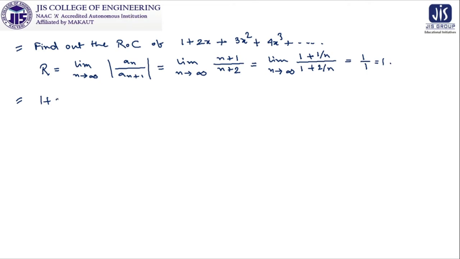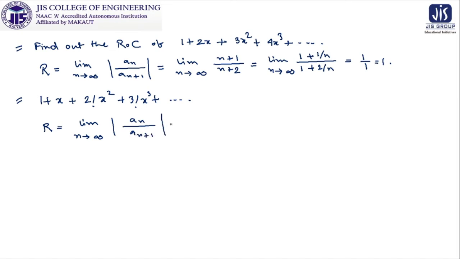Suppose 1 plus x plus 2 factorial x square plus 3 factorial x cube plus dot dot dot. In a similar manner, when we are trying to find out the radius of convergence with the same formula, limit n tends to infinity, a n by a n plus 1.